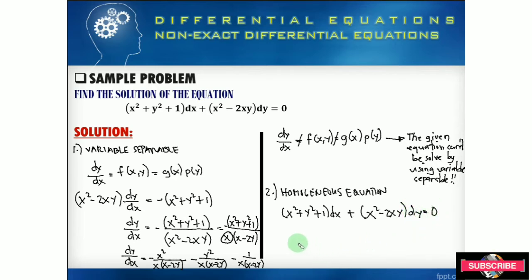According to this homogeneous function or equation, each term must have the same degree. So this term is a second degree, this term is another second degree, but this one is not a second degree. This one is second degree, and this one is also second degree, because the power of x is 1 and the power of y is 1.